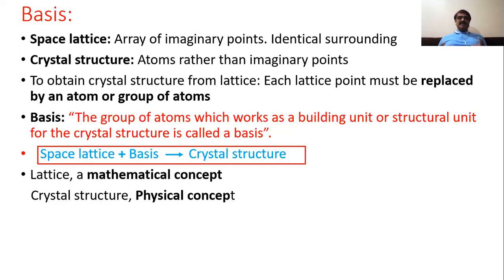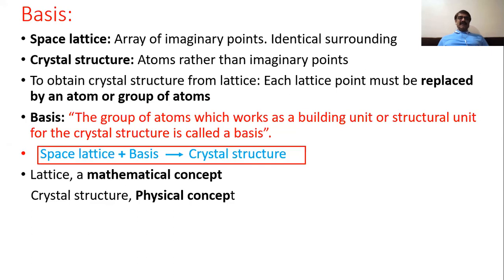So what is a basis? Basis is simply a group of atoms that works as a building unit or structural unit for a crystal structure. So if one has to define the basis, you can define it like this: the group of atoms which works as a building unit or structural unit for the crystal structure is called a basis.